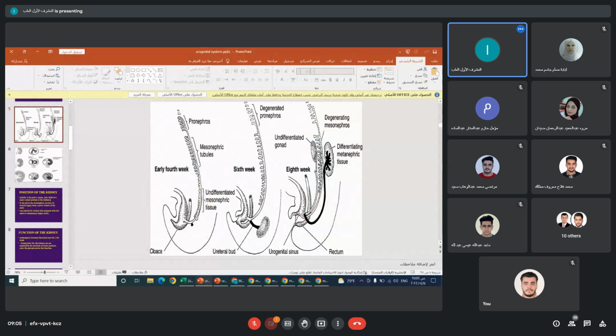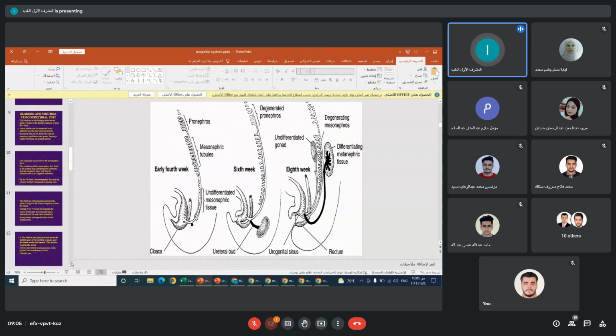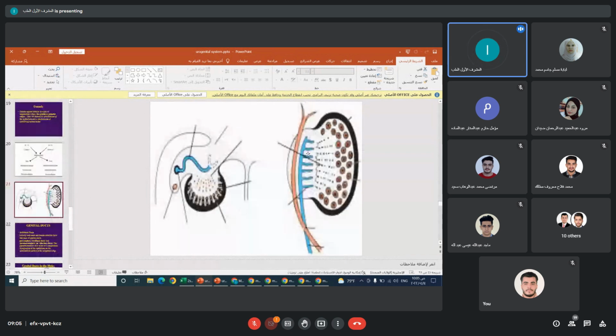Here the degenerating mesonephros. This is the mesonephric duct. And these tubules will come to us later here. This is what will form the blue color. So the testis will develop into medullary cords.